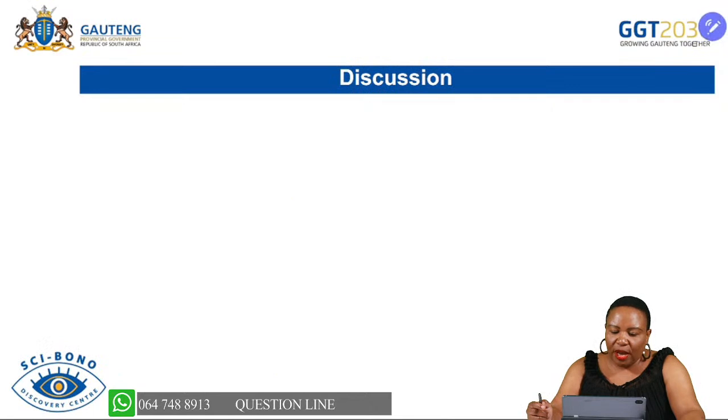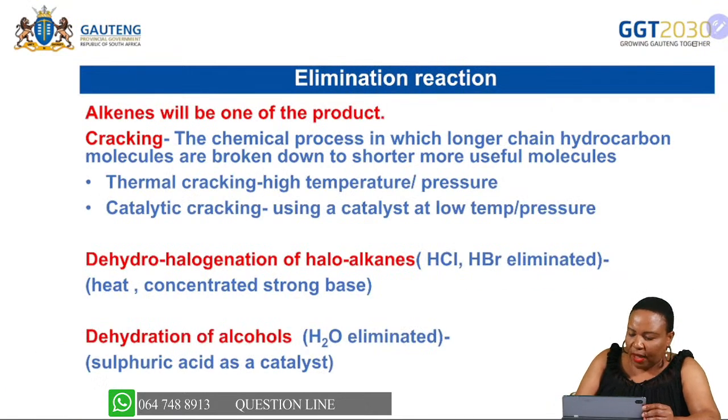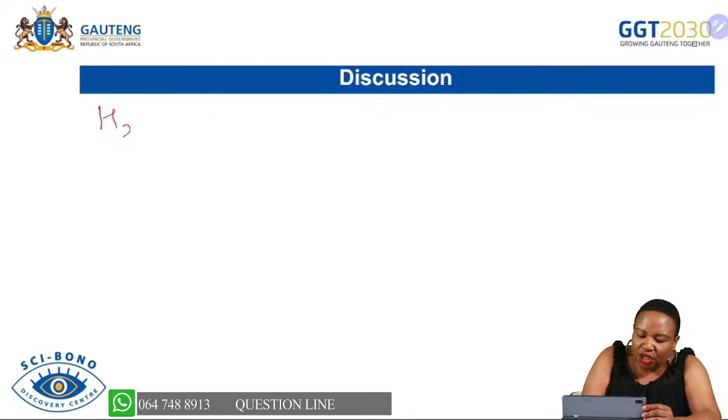We are going to add hydrogen. We are going to add a hydrogen halide, which can be HCl or HBr. We are going to add a halogen, which is Cl2 or Br2. And we are going to add water.